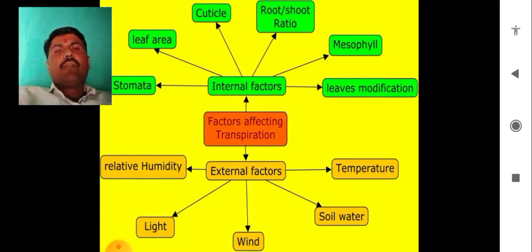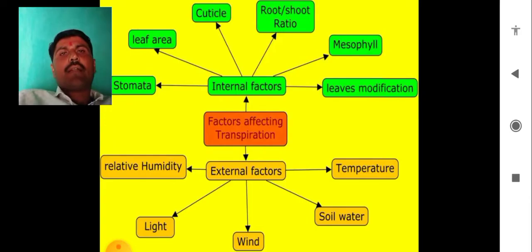Friends, while studying transpiration, we saw that transpiration is the loss of water via the leaf, and in some plants via the stem. In the case of the leaf, stomatal transpiration takes more part in the process.